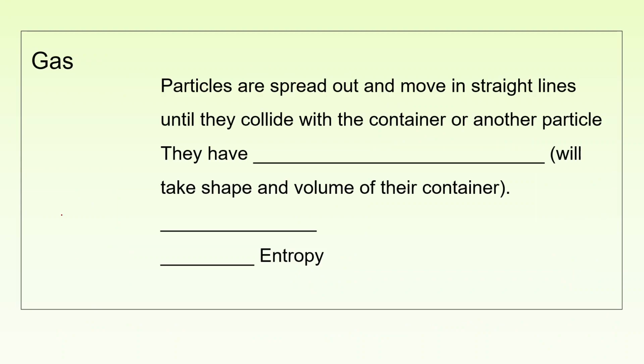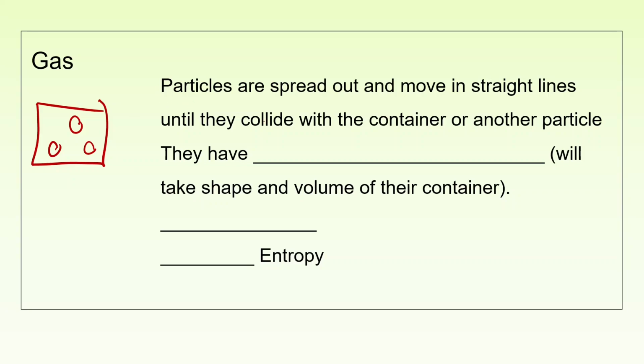All right, so a lot of times we see these things that we call particle diagrams. It's basically just you got this box, and in it you draw particles. The particles are just little circles. And you go, all right, well, let me draw what a gas would look like. Well, the particles in a gas are going to be all spread out and moving around. And if you're drawing something, you can't really draw movement too much, so you just draw them spread out and taking up the whole shape and volume of the container.